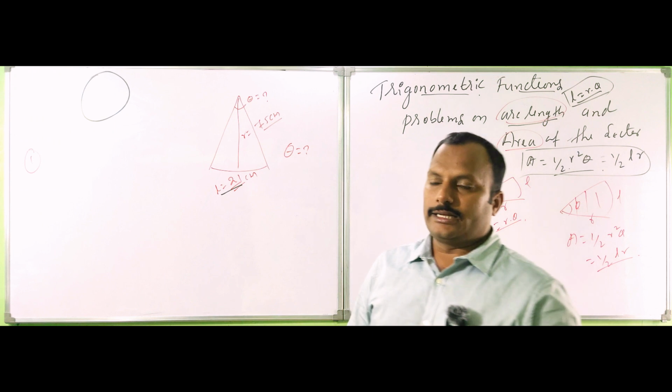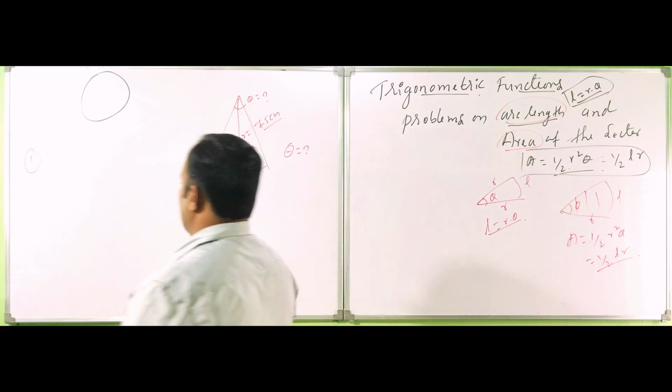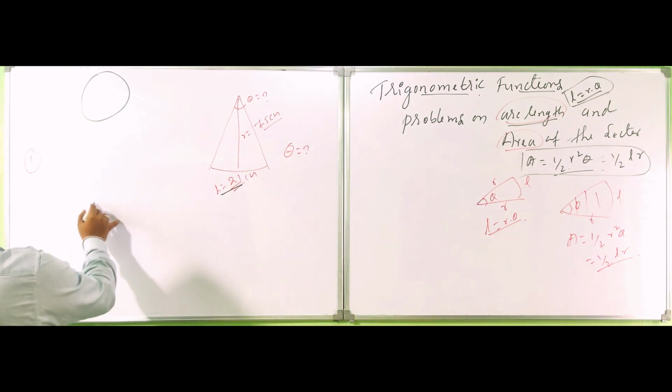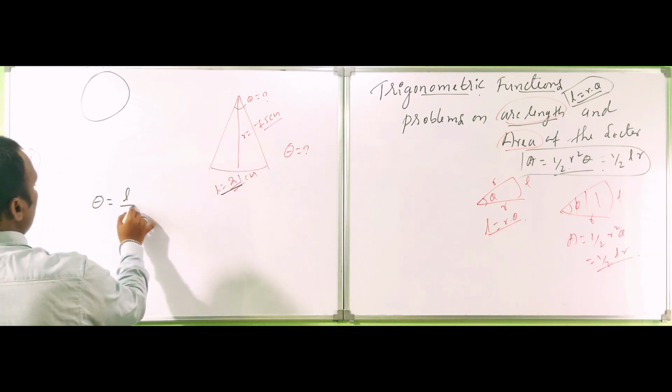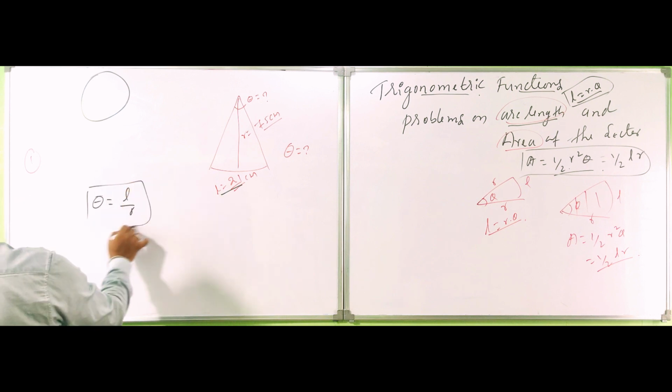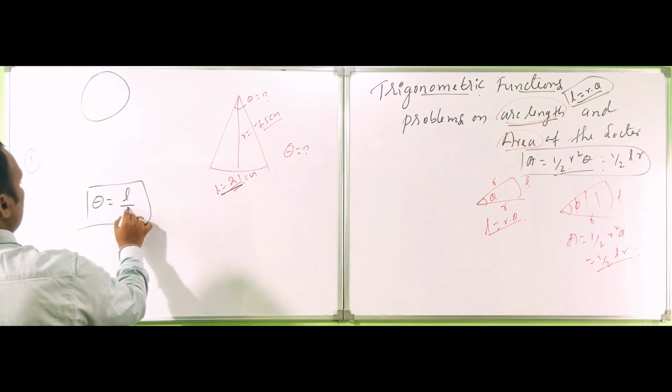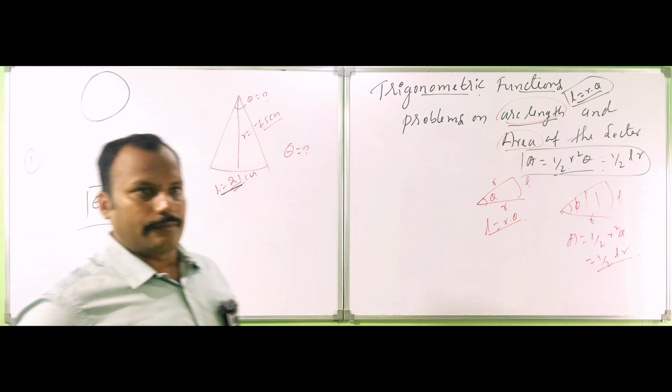Then find theta. The formula is theta is equal to L by R, the standard formula according to the radian measure.